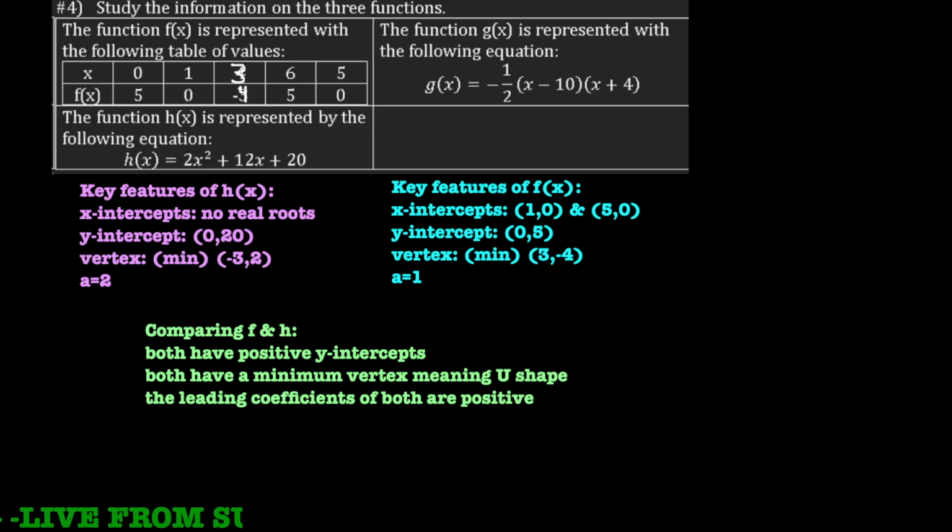Since I found all three, I can isolate them one at a time. But I can say, all right, comparing f and h, both have positive y-intercepts. Both have a minimum vertex, meaning that U shape, and the reason why is that the leading coefficient for both are positive. So we have +2 and +1. Again, just compare those key parts and see what you can say.